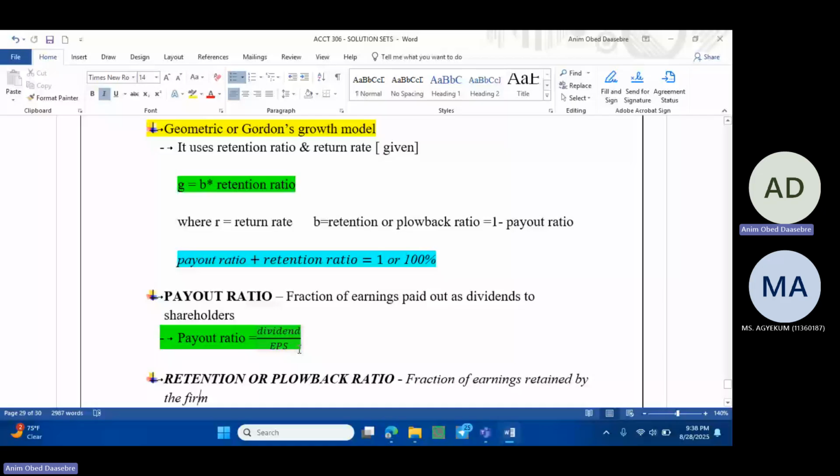So to get the payout ratio, the annual dividends divided by the earnings per share, you get your payout ratio.